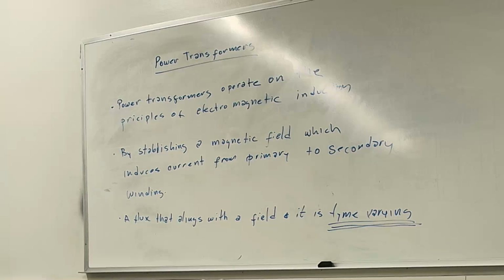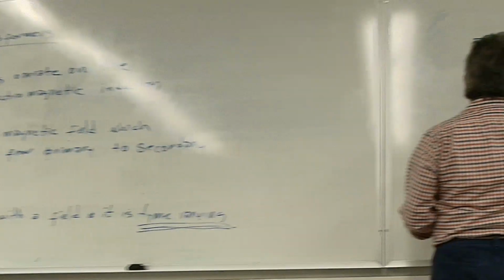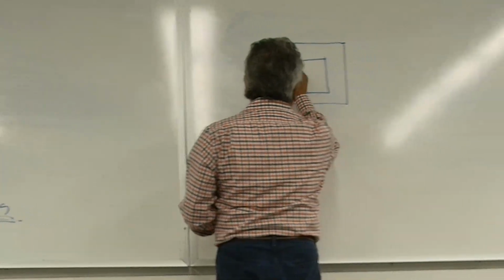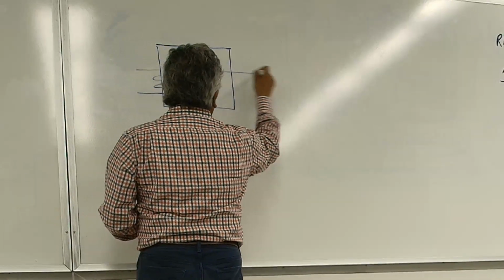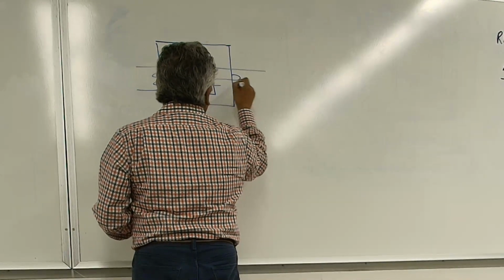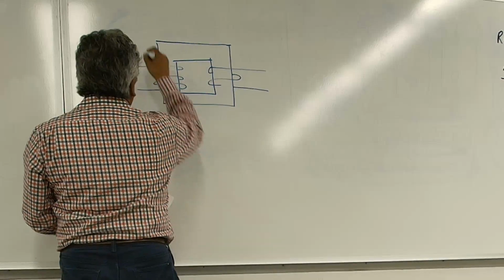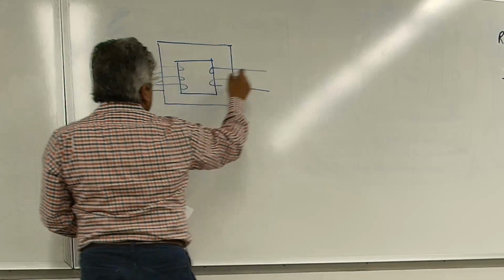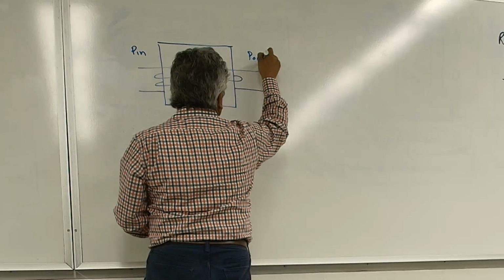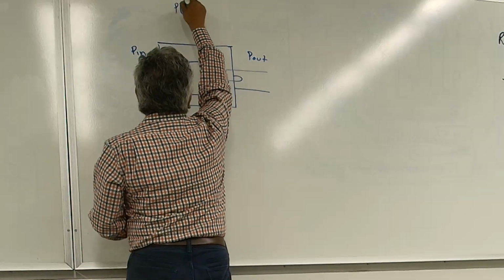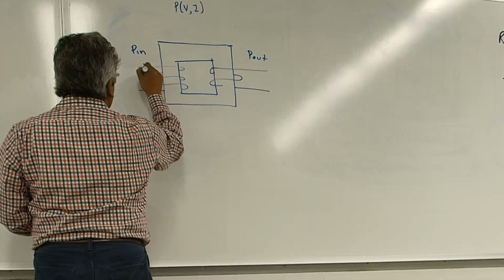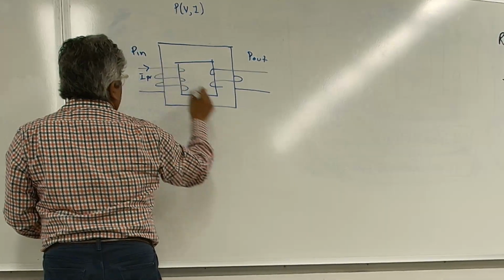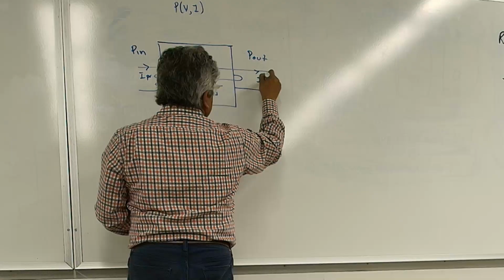So you can think of a transformer core. This is your steel core, and obviously a winding, primary and secondary. I'm going to say this is P in, and this is P out. And again, P is a function of voltage and current, right? We talked about that. So you have an I primary, and I secondary.